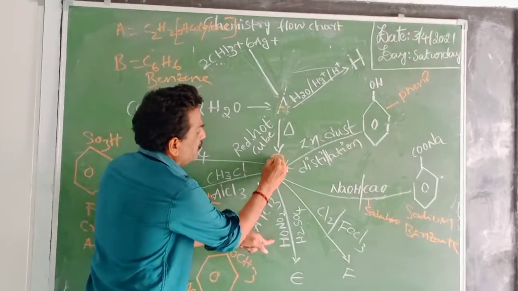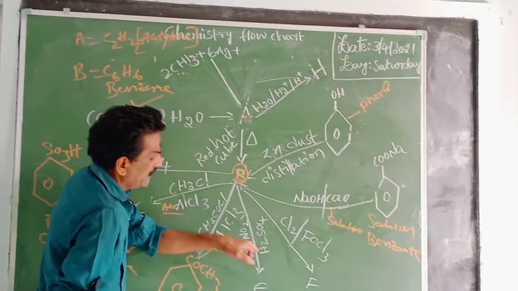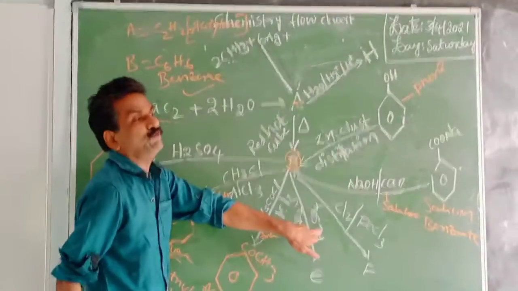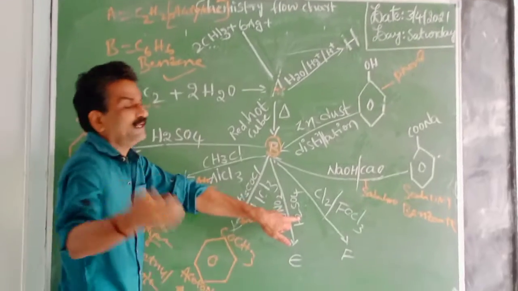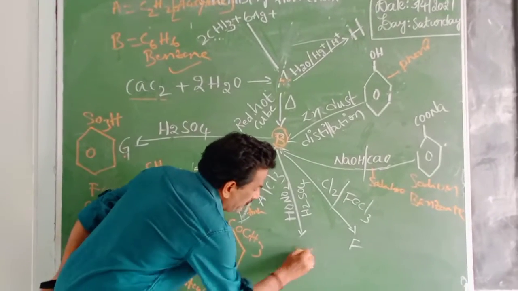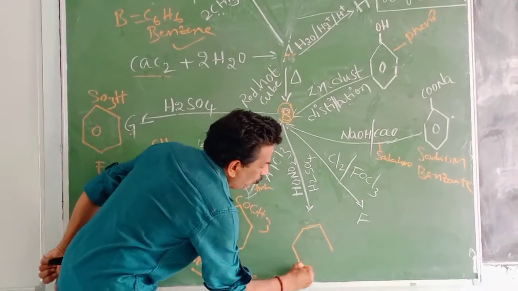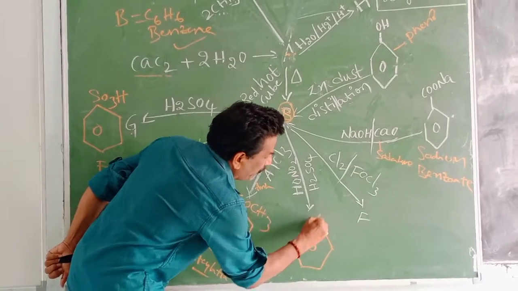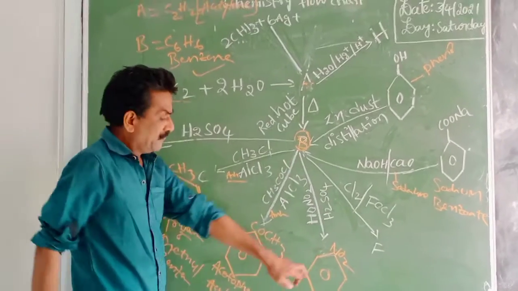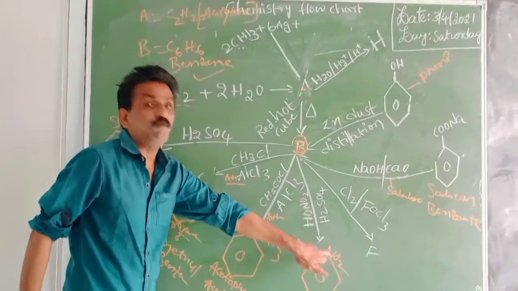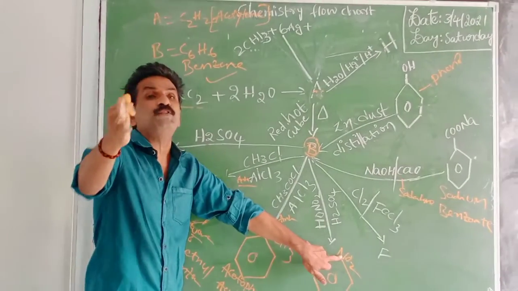Another one: B is nothing but benzene. Benzene reacts with con HNO3 and con H2SO4. No doubt C is nitrobenzene, the most important one. If the benzene ring contains an NO2 group, it is called nitrobenzene.